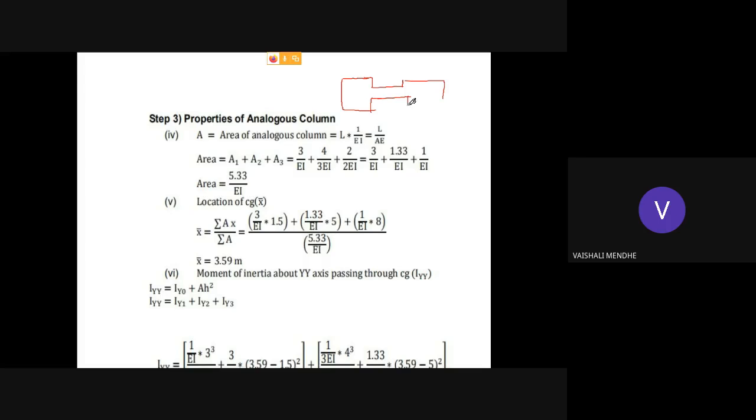Okay, so this is again I will plot here. This is the 3 section divided 1, 2, 3, and this is 1 by EI, 1 by 3 EI, and this is 1 by twice EI.